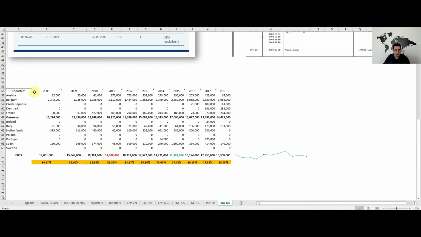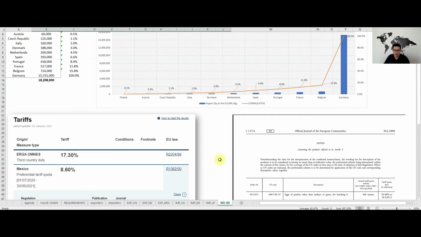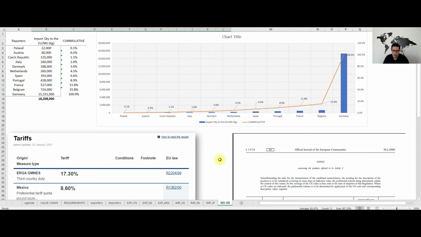Below we have a table with the historical data from 2008 until 2018, and at the bottom of the table I've highlighted the share of the German imports of honey from Mexico, and between 2008 and 2018 we see that on average Germany had 82.5% of the total share, which underlines once again that the German business people understood and took advantage of this free trade agreement, in fact the preferential tariff quota, and they've managed to gain a considerable market share.